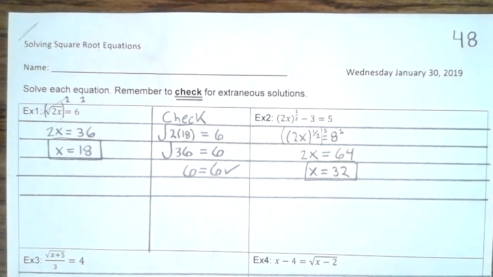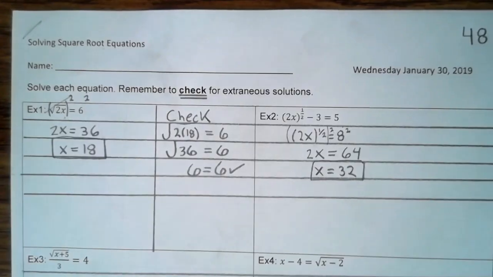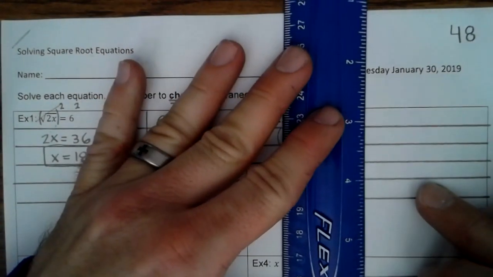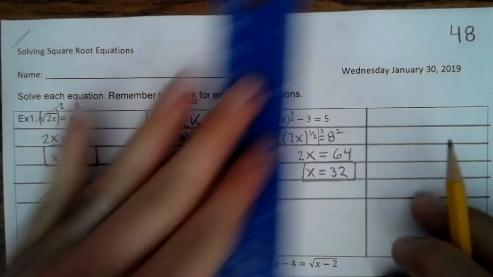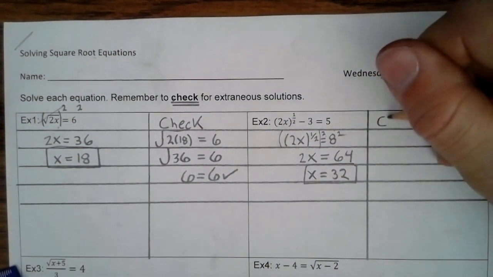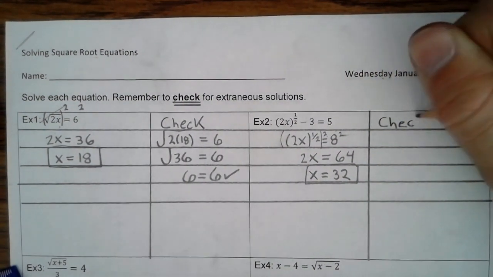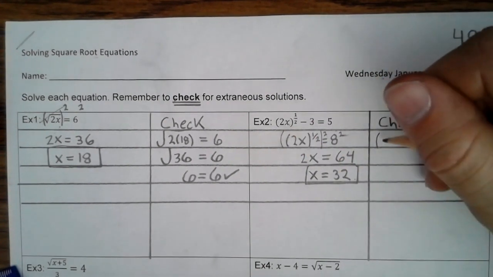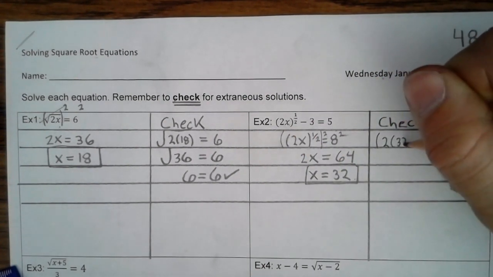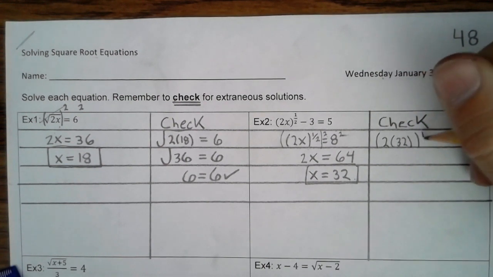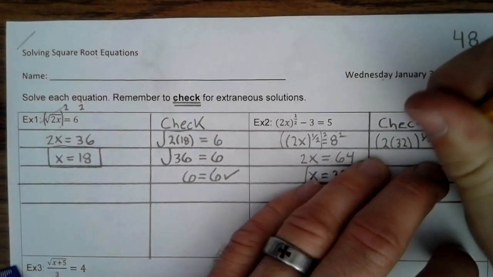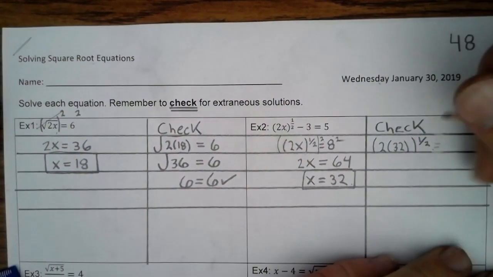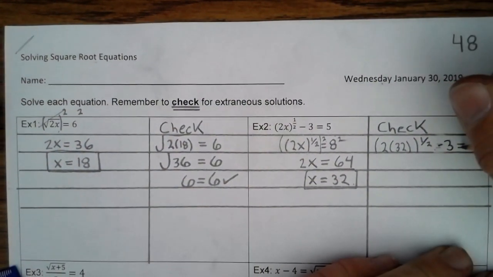All right, now we need to check. We substitute this number back into the equation. So that's 2 times 32 to the 1/2 power minus 3 equals 5.